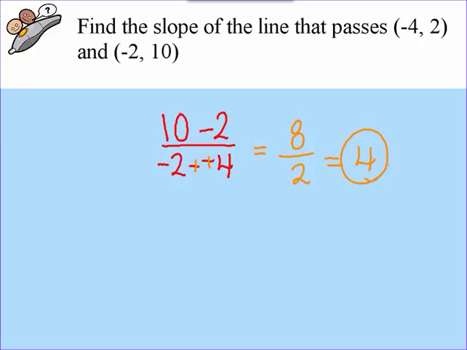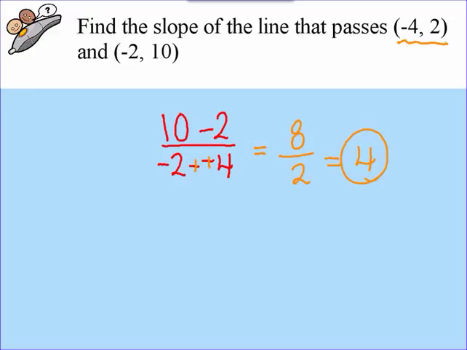The student thought you always started with the first set of numbers you had. You could do that, and you'll still get the same answer. It's fine, as long as you start with the same point each time.